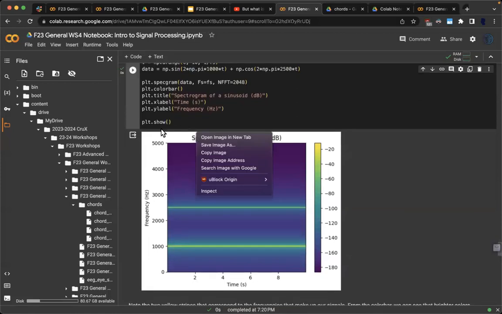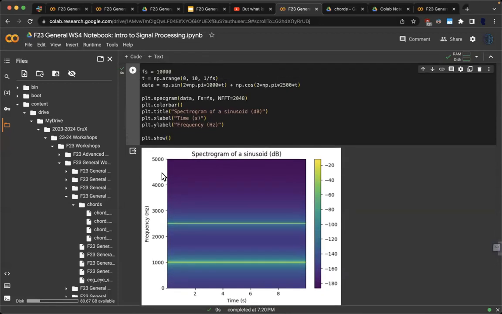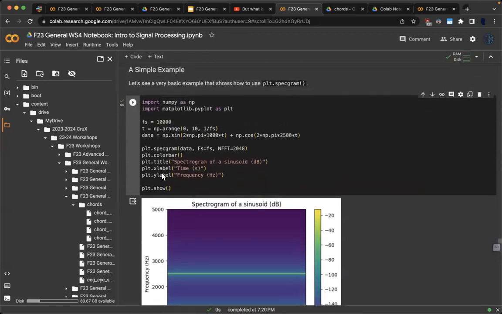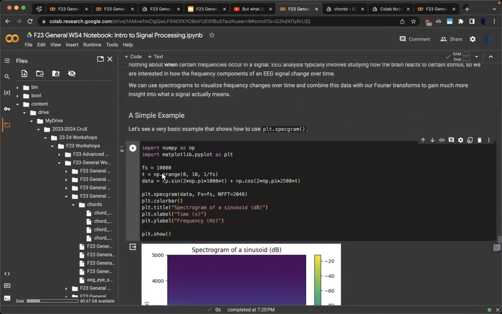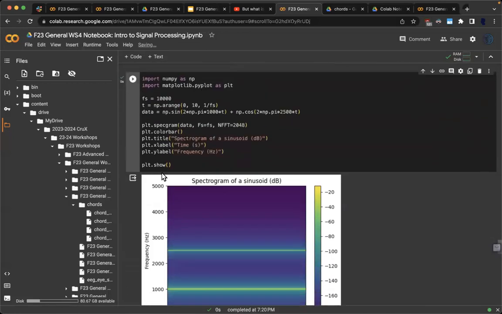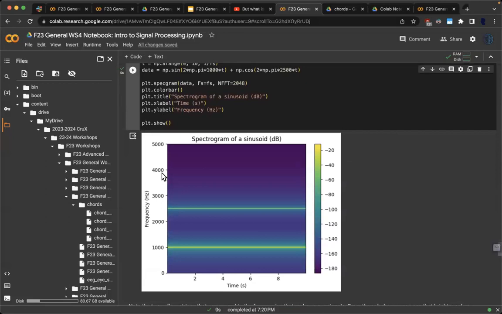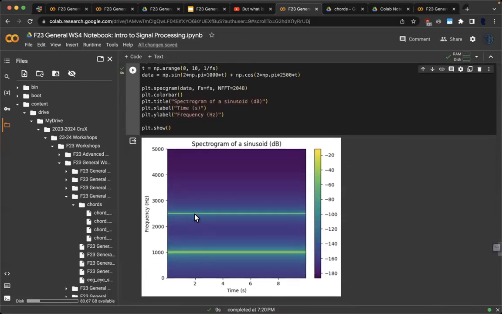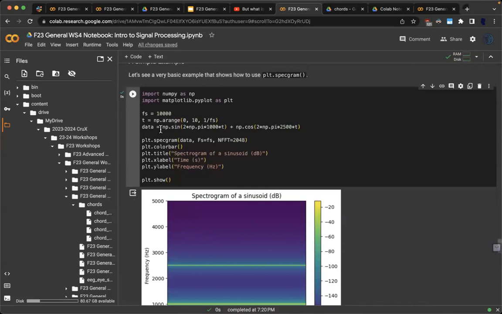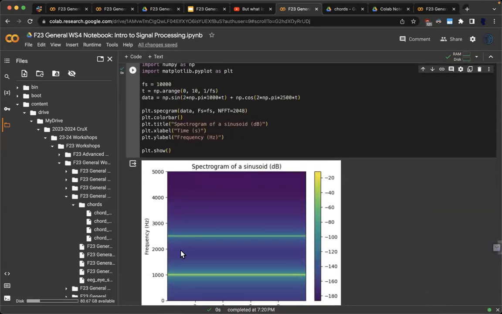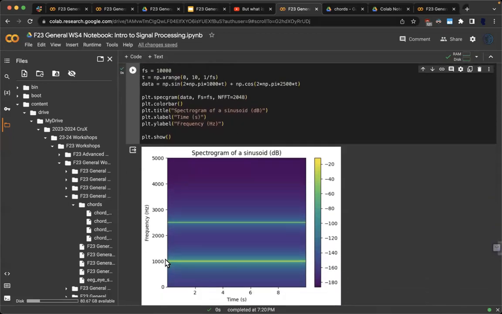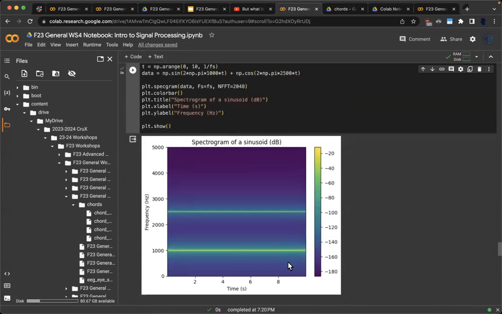Okay, so what this is showing us is time relative to frequency, specifically how frequency changes over time. When we look at the spectrogram of this sine wave, we see essentially an even frequency across our time domain, so the frequency is constant. It's not changing across time.